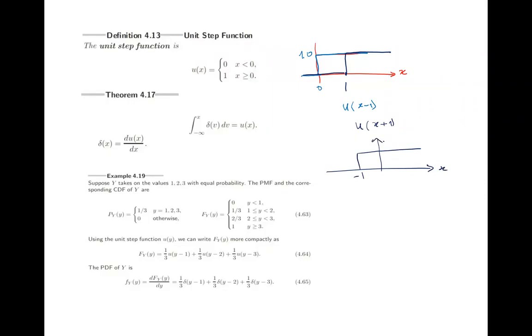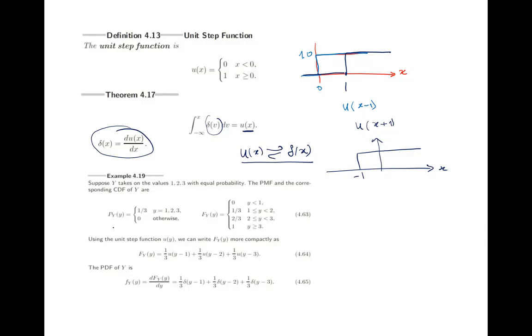The unit step function is equivalent to the integration of the Dirac delta function from minus infinity to x, or the Dirac delta is the derivative of the unit step function. So we have a close relationship between the Dirac delta and the unit step function. One is derived from the other.